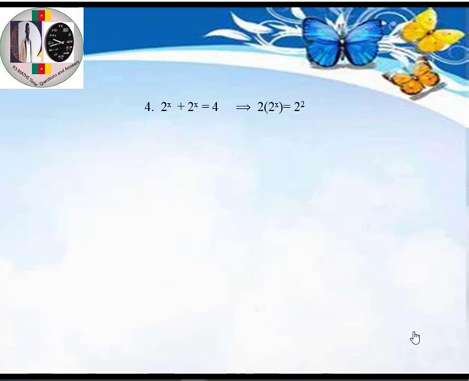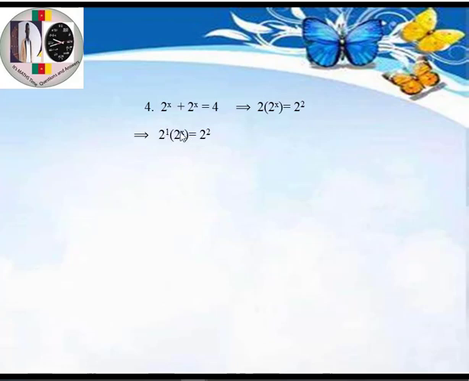But 2 is the same as 2 power 1. So this can be considered as 2 power 1 times 2 power x, right? Equals 2 power 2, because 4 is the same as 2 power 2. So we are multiplying two index numbers with the same base, so we can add the powers. 2 power 1 times 2 power x gives 2 power 1 plus x.